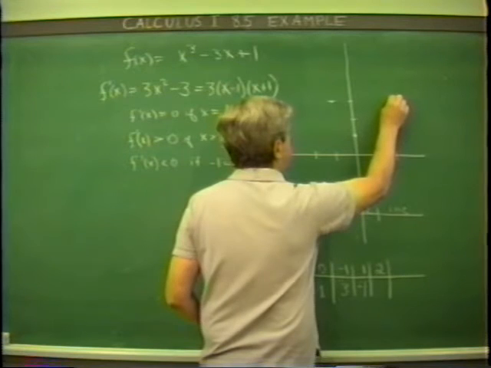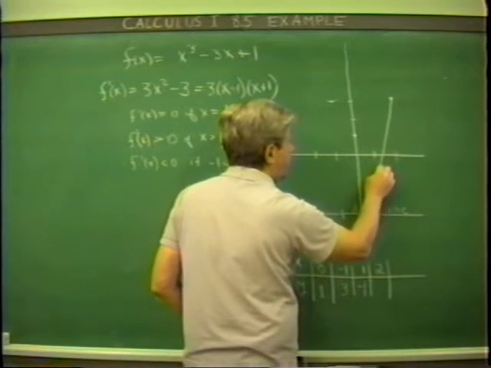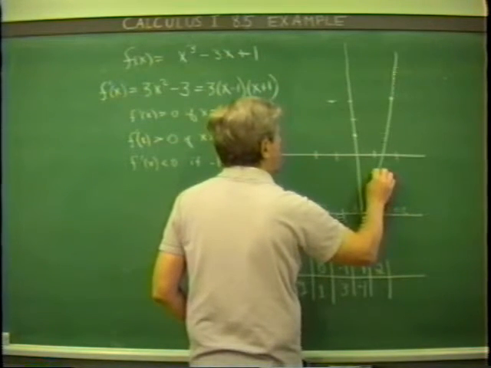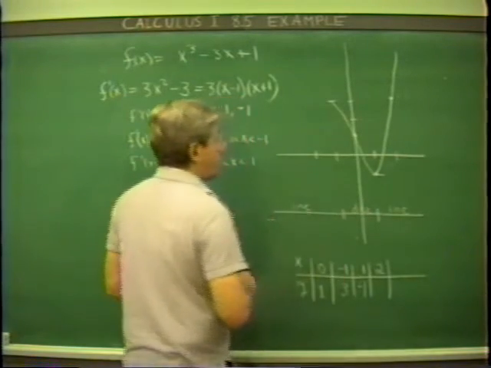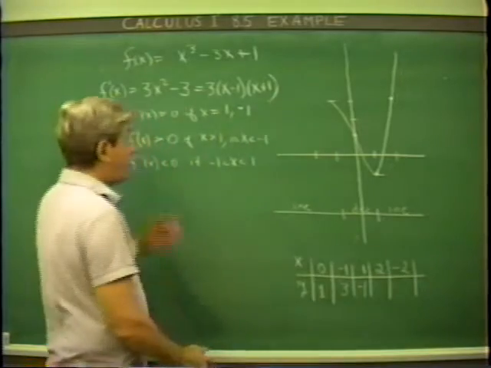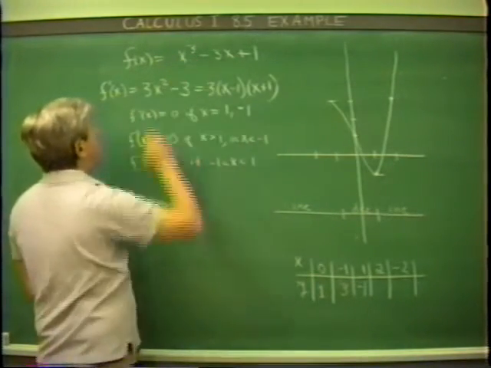So the value of the function at 2 is 3. So the function is up here at 2. And now, by the mean value theorem, you know that it takes on all the values in between here, and the graph looks something like this. The graph then looks something like this over here. And let's look at the value of the function at minus 2 as a final point here.